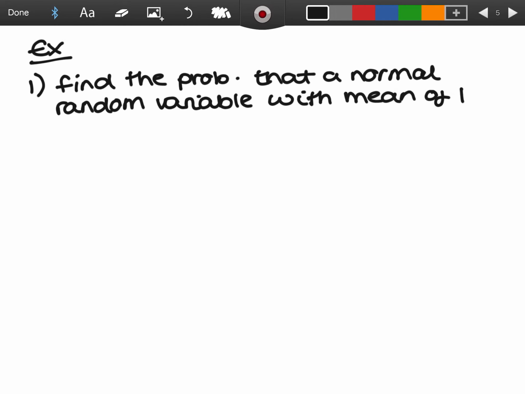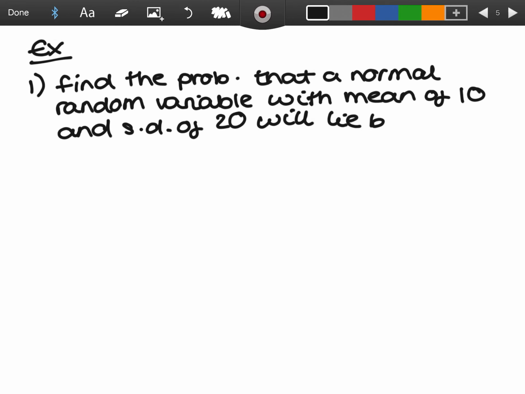Okay, we're going to have a mean of 10 and standard deviation of 20 will lie between 10 and 40, okay? So I want the probability of finding a normal random variable with a mean of 10 and a standard deviation of 20, of landing, of finding an outcome between 10 and 40.